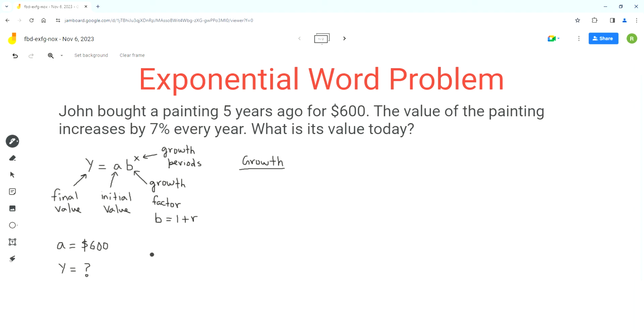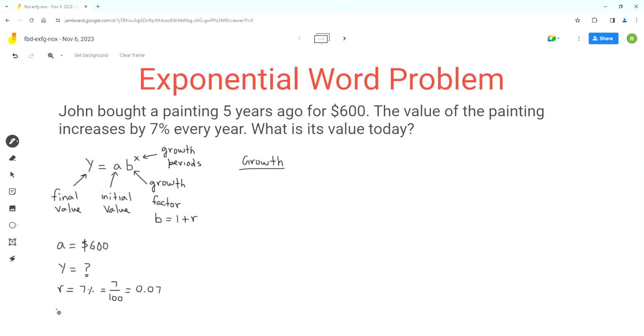Now r, the rate at which the value is increasing, is given as 7%. In the formula for b, we'll use the value of r in decimal form. So we should convert 7% to decimal form by dividing 7 by 100. So we get 0.07.